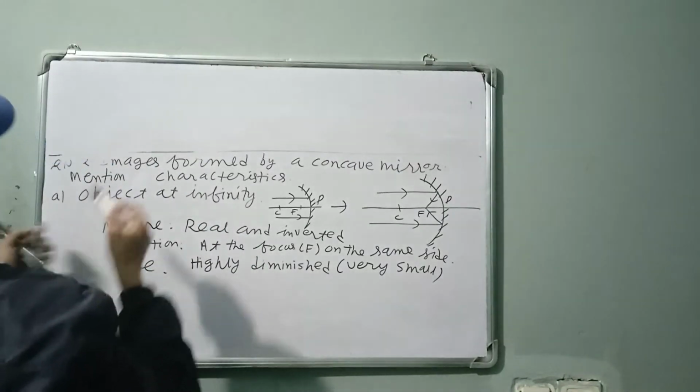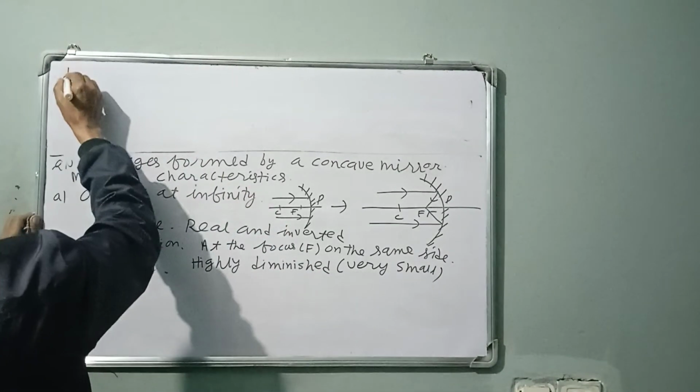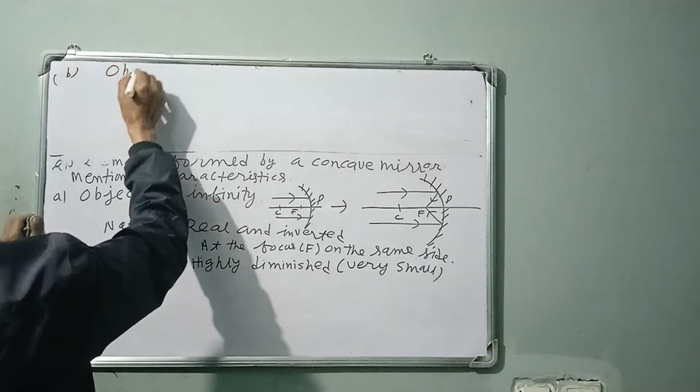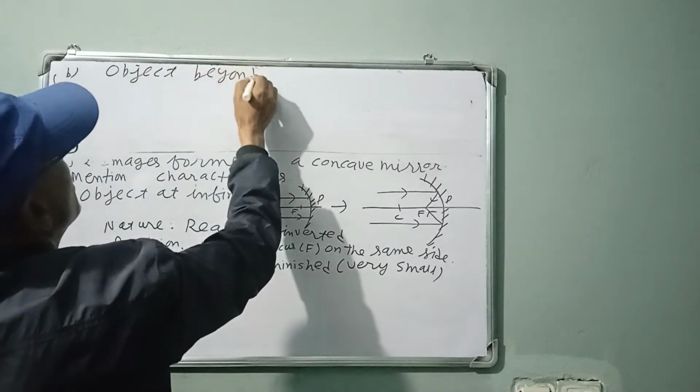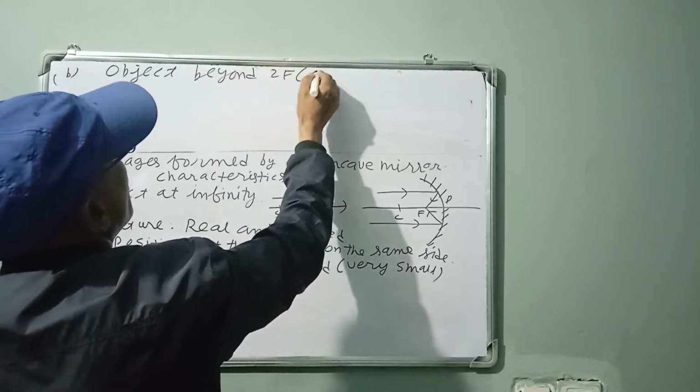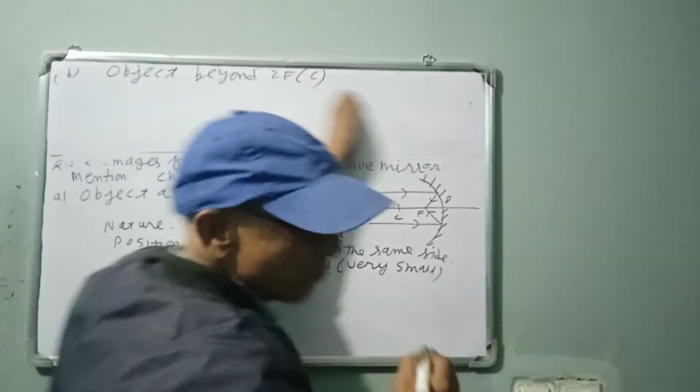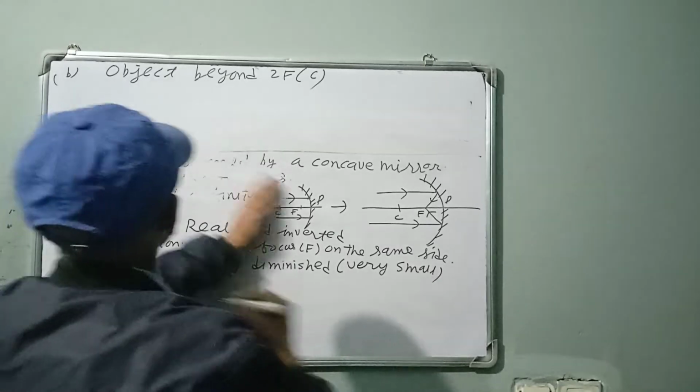Another case is B, object beyond twice F or center of curvature. Where is the object?